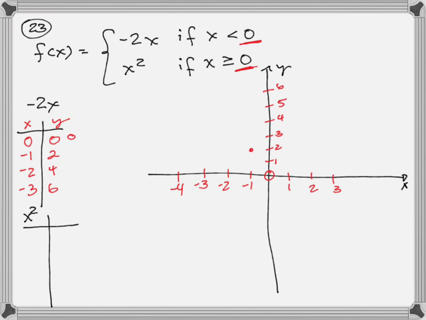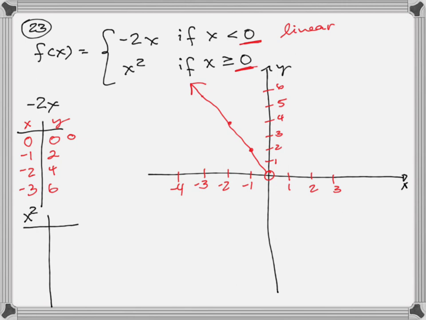Negative 1, 2, negative 2, 4, and of course we all know this is linear. The first one is a linear function, so it's a straight line that looks like so. And it keeps going, you need an arrow.